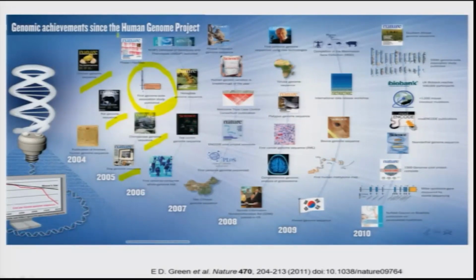And that is what led to what is called the HapMap project. In this, what is being looked at is not the human genome sequence, but the variation in the human genome sequence.